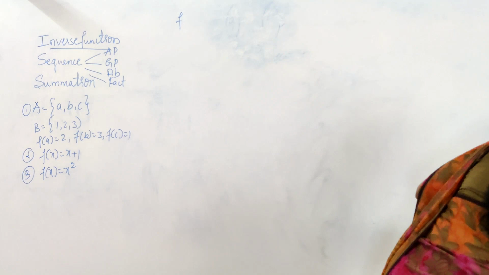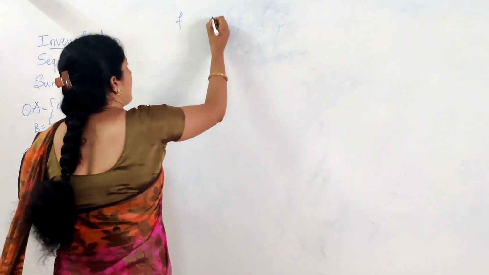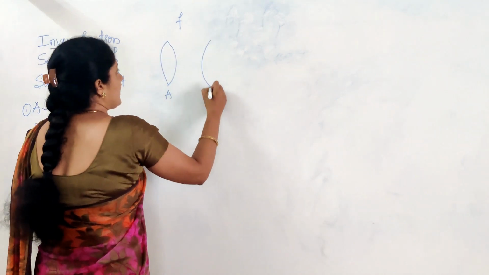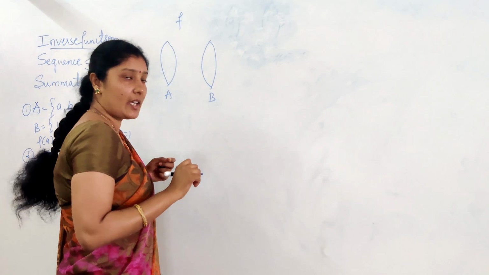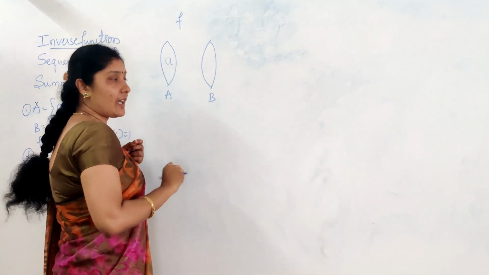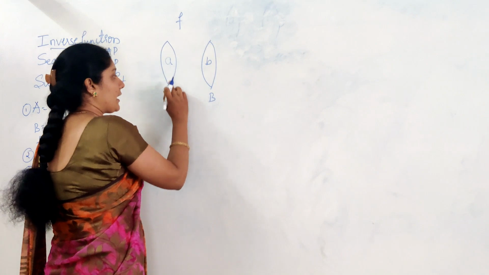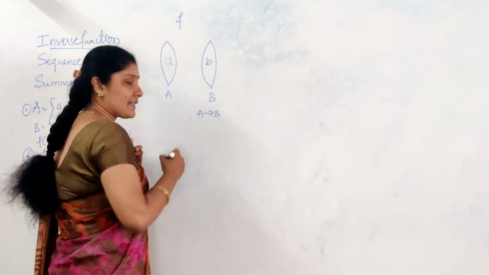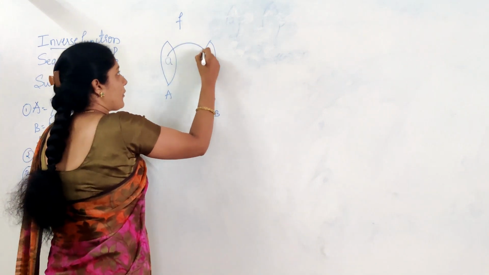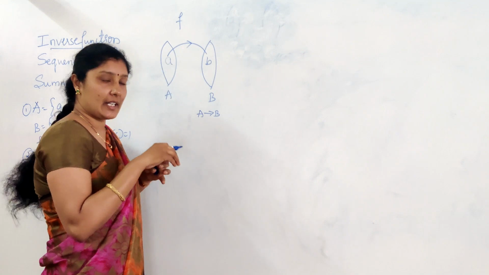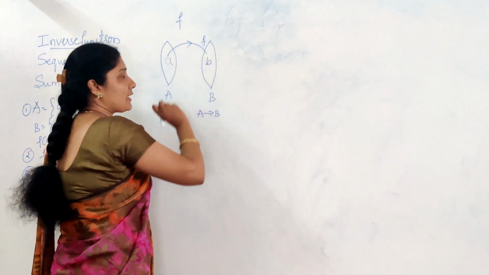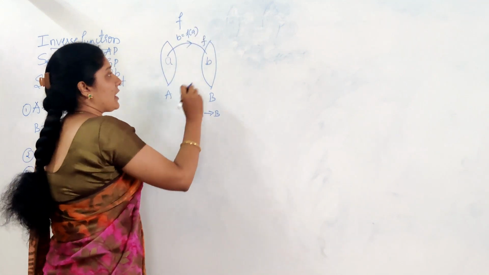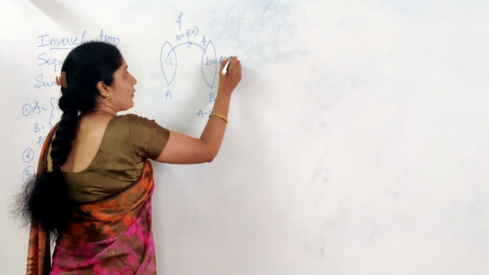So as we know, there is a set A and there is a set B, and there is an element A in A and an element B in B. So always the function means the relation from set A to set B. That means from A to B. This is how we indicate the function, and the symbol is f, and it is written as B is equal to f of A. So B means f of A.